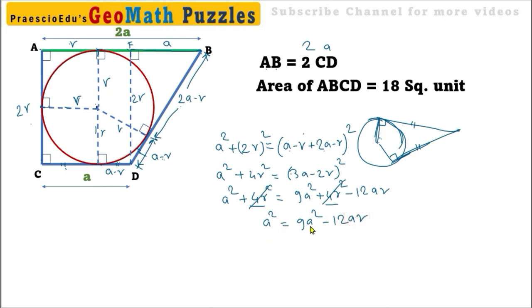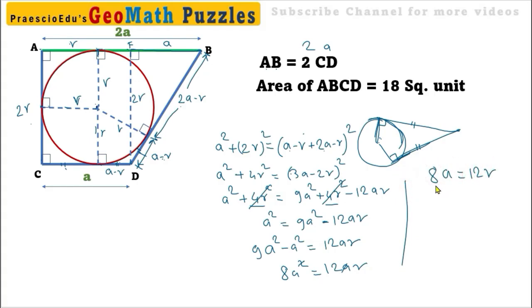Moving 9a squared here it becomes negative, and here also negative, so let's change the positions along with the signs. So 9a squared minus a squared is equal to 12aR. Now this comes to 8a squared equals 12aR. Let's cancel one a. So I just note down here 8a is equal to 12R, or after dividing by 4, 2a is equal to 3R. Now this is the one equation we got, so let's call it equation 1.